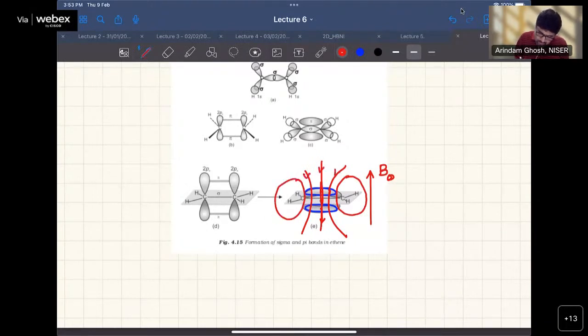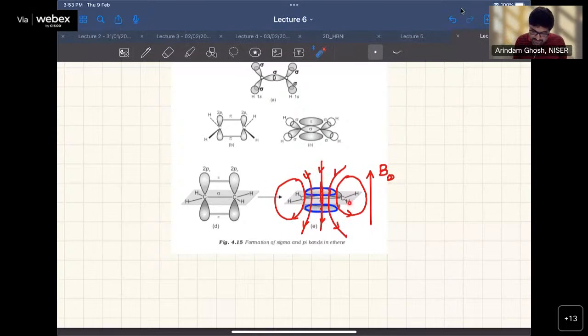So these lines of force all go inside because they have to oppose. The original one was in this direction, the up direction, so this one has to be the down direction. It has to oppose because this is a diamagnetic current, correct? And this current is there because this loop was formed. If the delocalized pi electron loop is not formed, they cannot make this current loop, and then this whole effect will not be there, correct? So this is an extra loop that is being created, and that is giving this effect.